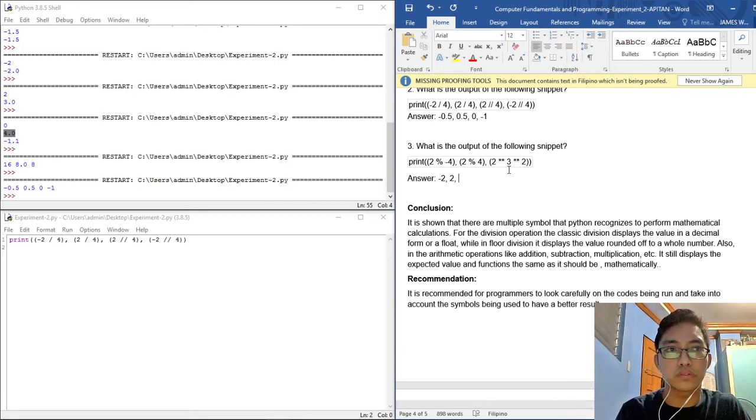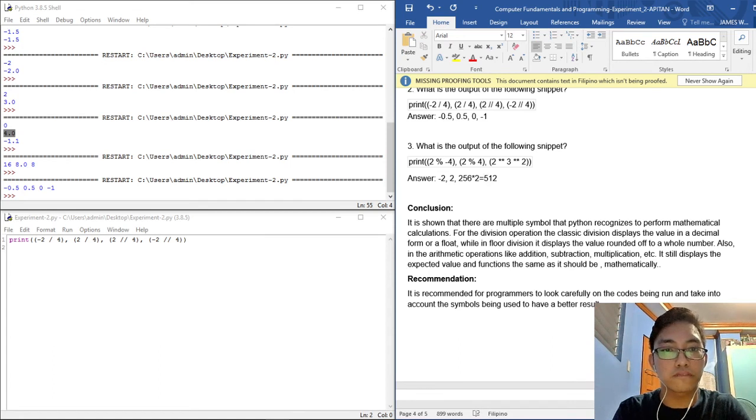So we'll have 2 raised to 4, 16. 2 raised to 4 is 16. 16 times 16 is 256. 256 times 2 will have 512.